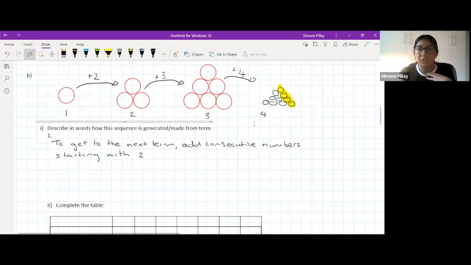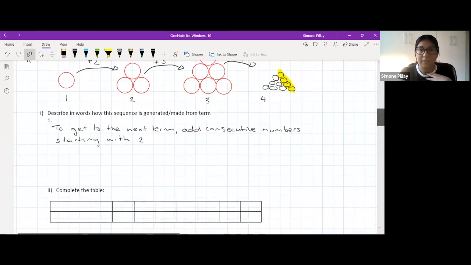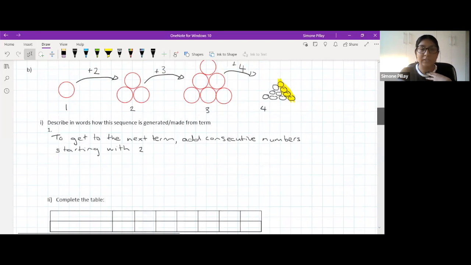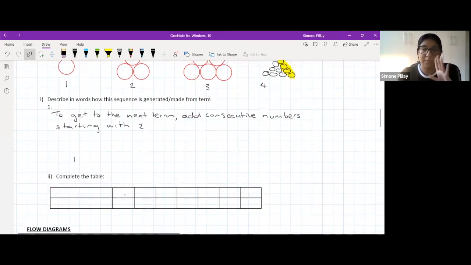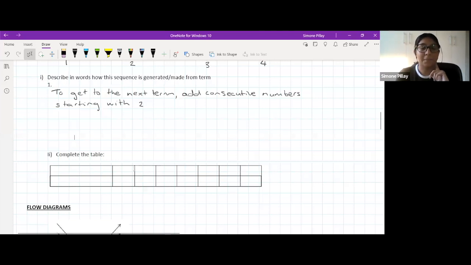Now we are doing the same pattern, but what I want to do is complete it in this table. So let me see if I can possibly move this up very quickly. Oh no, my table is not together. Okay, let's move it here. Let us first try doing this. What do we know about patterns?